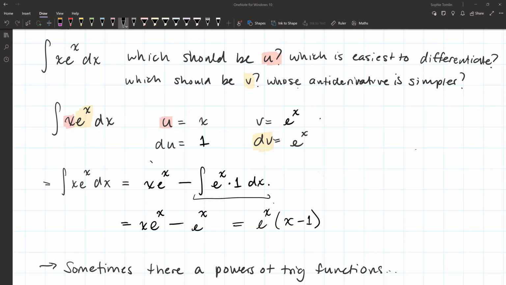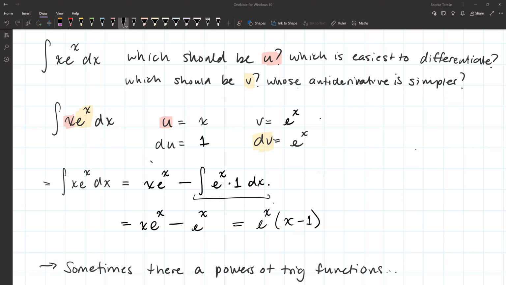Their prof said logarithms first and then inverse trig functions. It really depends, because inverse trig functions and logs are both a little more complicated to integrate. So either of those, whichever you feel most comfortable differentiating, you can use from here.